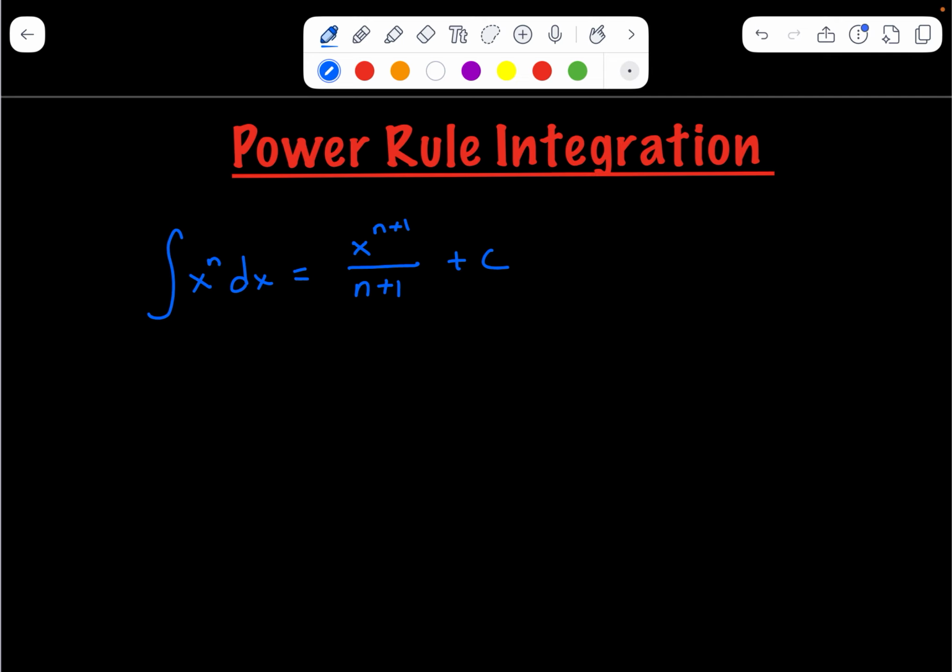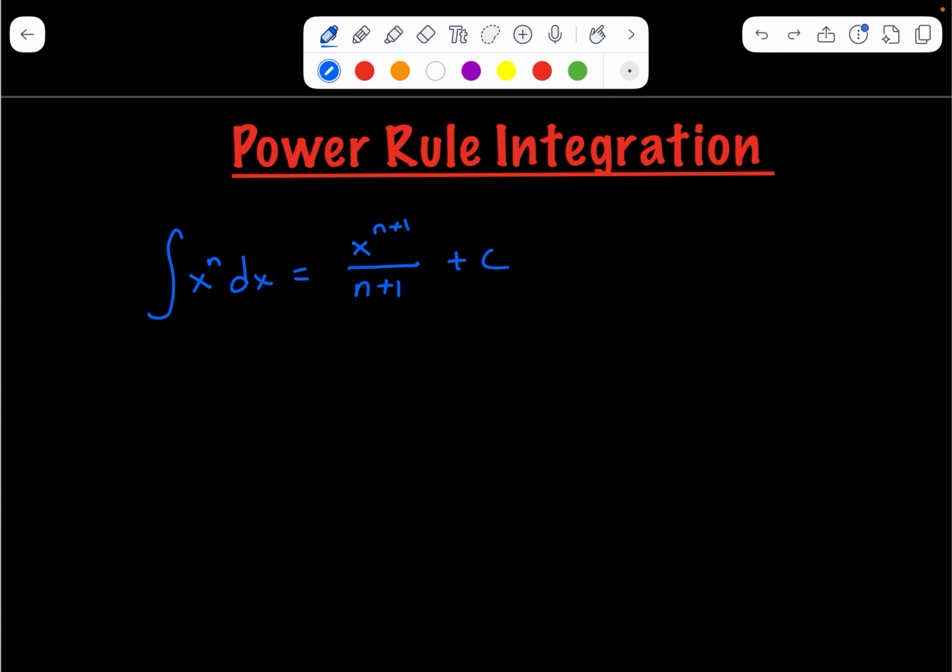Indefinite integral means there are no values here. There are no bounds. If there were bounds, you don't need your plus c, but because it's just an indefinite integral, always write your plus c. And so that's it. That's the entire power rule.